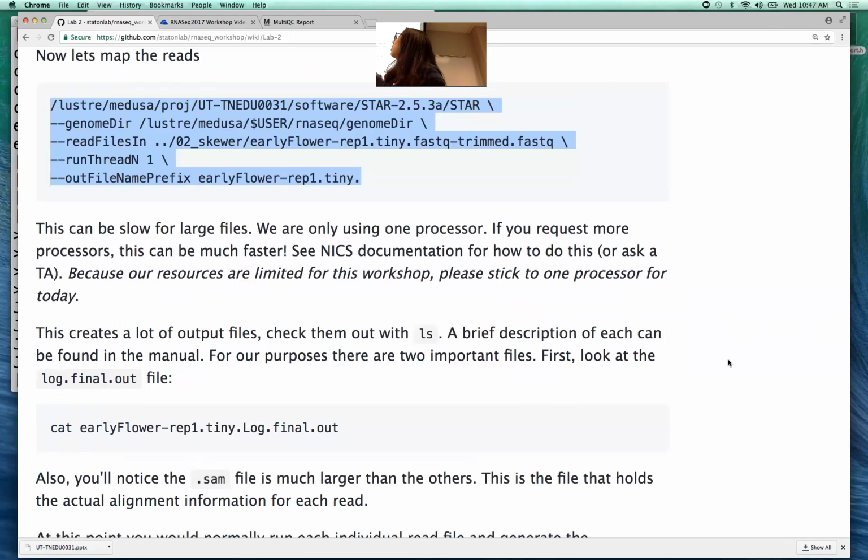The run thread number is the same as the one we used to generate the index, still running on one node, and the out file name prefix means it will generate a bunch of files, including the alignment and the log file. We want these files all to have the prefix of early flower red tiny.